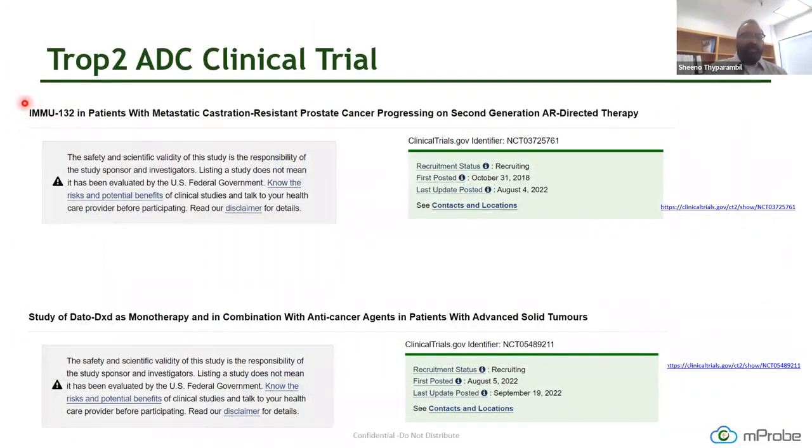IMMU is basically Immunomedics, which got bought out by Gilead, so it's now in the hands of Gilead, and it's in patients with metastatic castrate-resistant prostate cancer. I would again encourage you to at least know your TROP2 levels, and if they're high enough, and it's an open label clinical trial, consider enrolling in one of these 2 trials. And Dato is Daiichi and AstraZeneca's drug, the same thing, TROP2 and topo1.